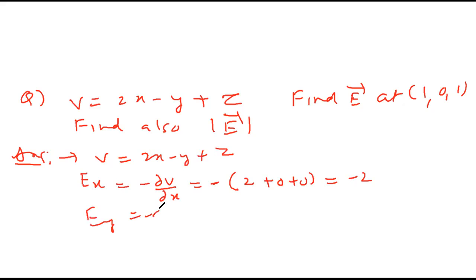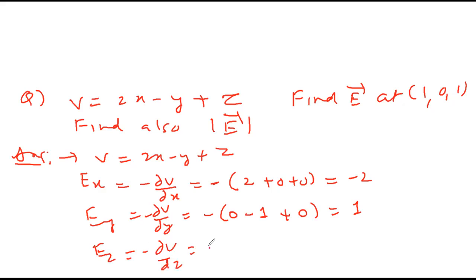And Ey is derivative of V with respect to y with negative sign. So minus of 2x is constant, so 0, minus 1 plus 0, so equals to 1. And Ez is derivative of V with respect to z. So 2x is constant 0, y is 0, derivative of z is 1, therefore minus 1.